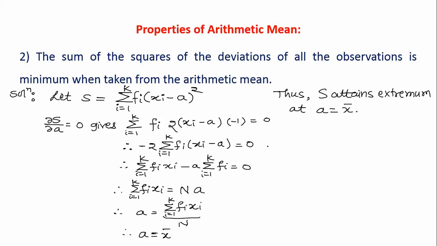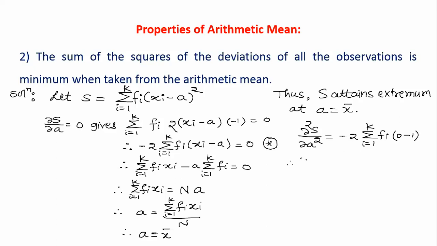So here, as I am calling this star, now go for delta square S by delta a square. We know the left hand side of star is the first derivative, and that needs to be differentiated once again. So the derivative is minus 2 summation i from 1 to k, f_i times the derivative of (x_i minus a) partially with respect to a, which is 0 and minus 1.